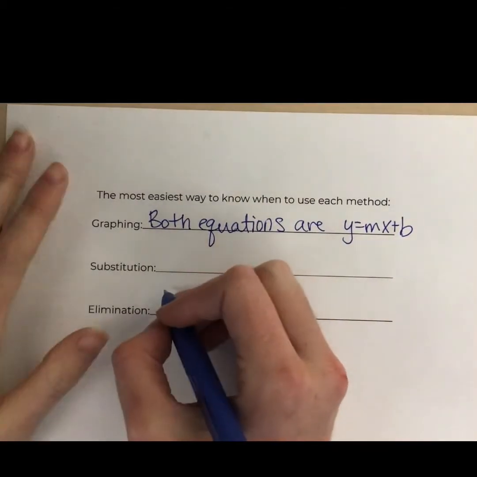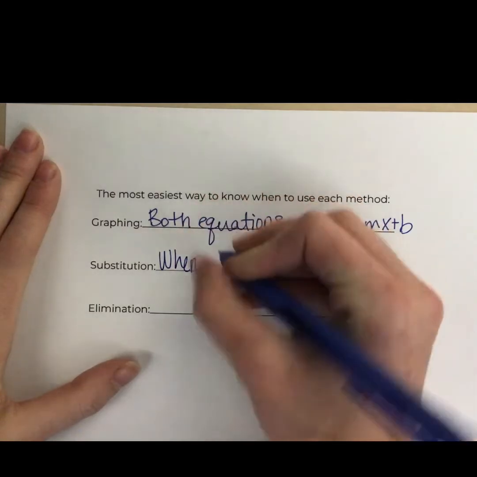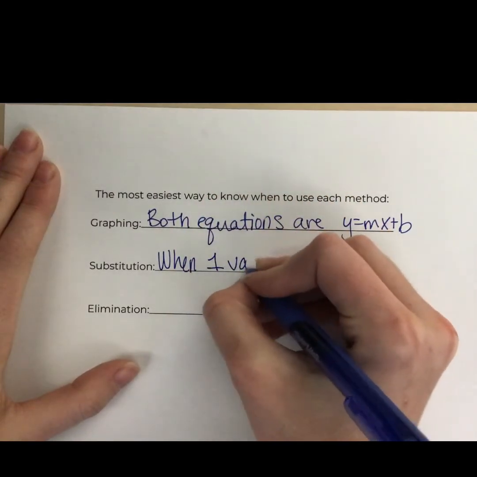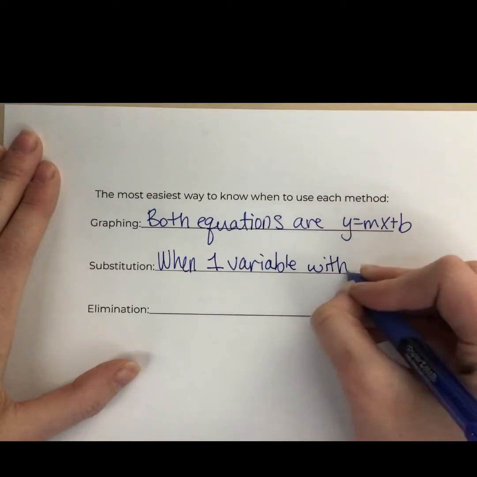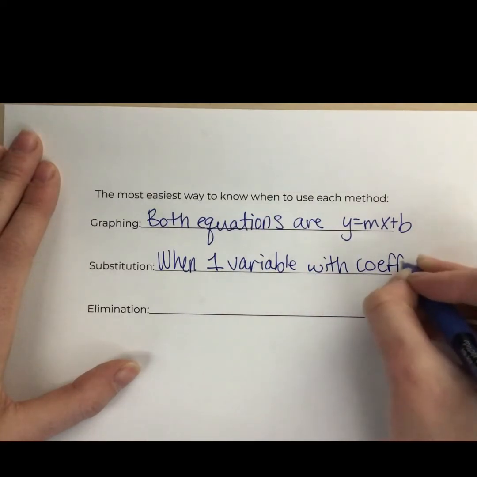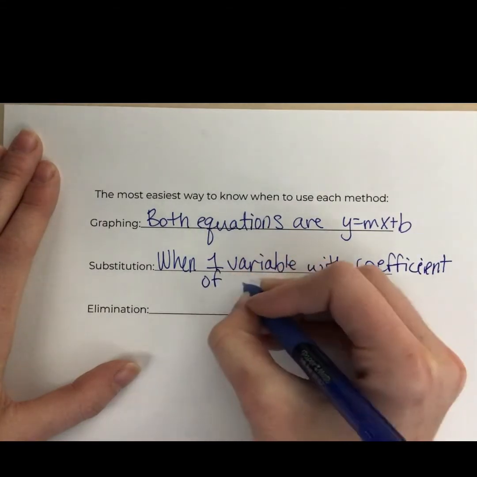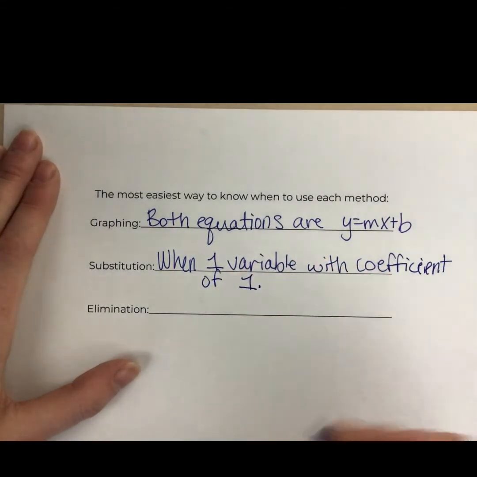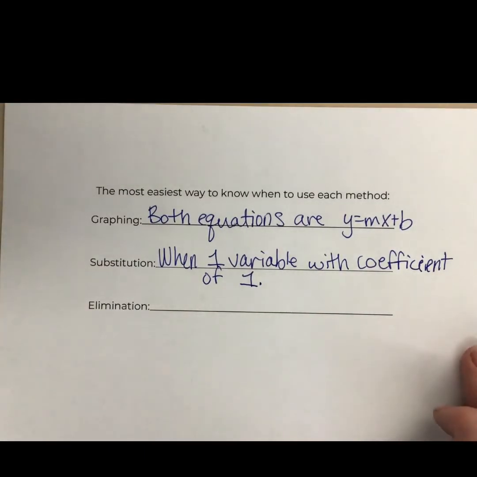Substitution, I've already kind of talked about this, but for substitution, when you have one variable with a coefficient of 1. So in that last example I did for substitution, the y was the only variable that had a coefficient of 1.